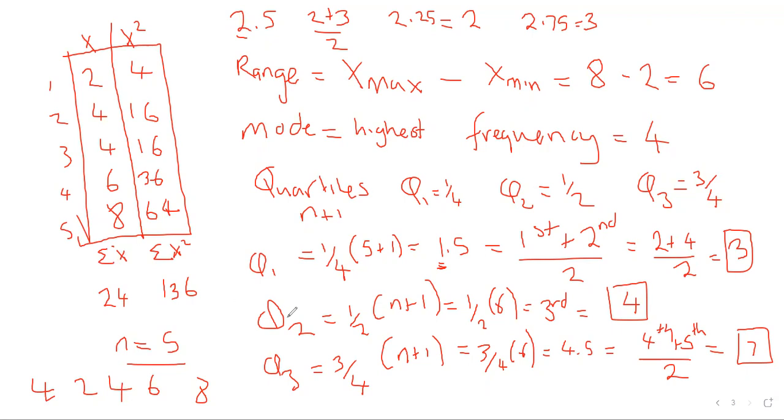Now, we go to what is called the interquartile range. Interquartile range is equal to Q3 minus Q1. What is Q3 and what is Q1? 7 and 3.